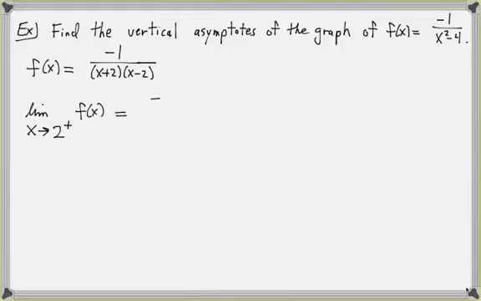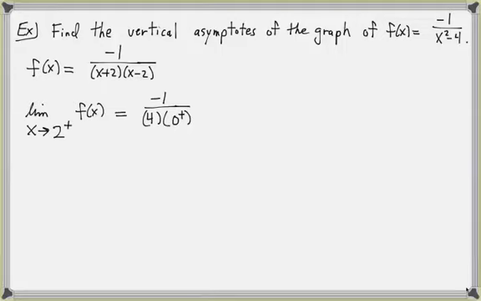The numerator is getting closer and closer to negative 1. As x approaches 2 from the right, x plus 2 is approaching the number 4. And x minus 2 is approaching 0, but it's approaching 0 positively because x is slightly bigger than 2.